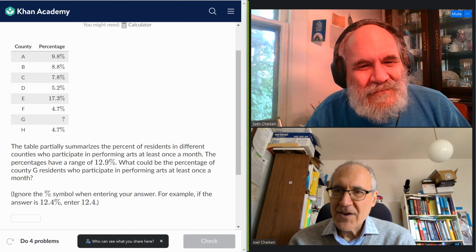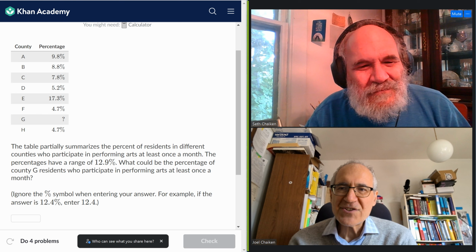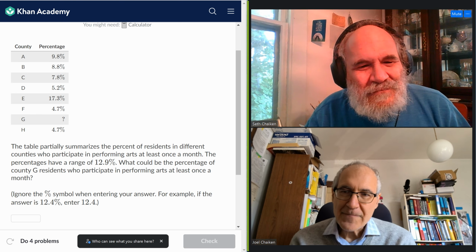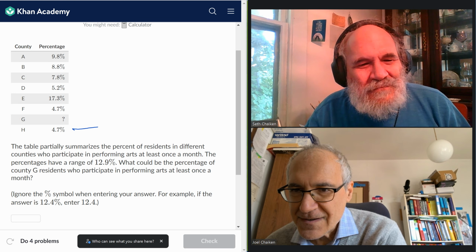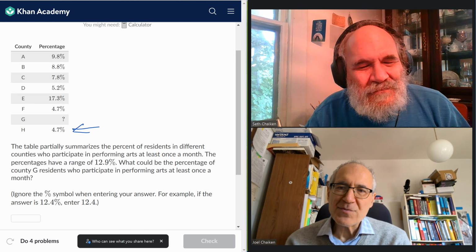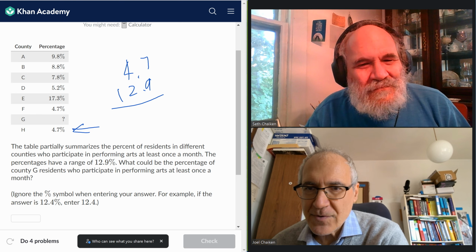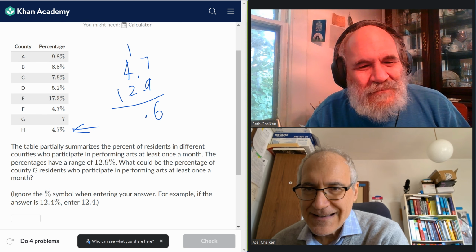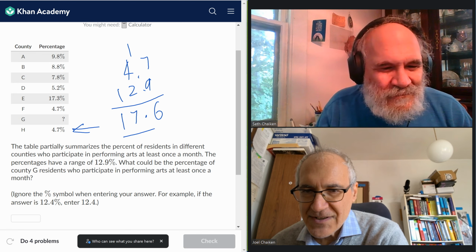Okay, fine. So the range has to be 12.9. First you have to know the definition of range given a bunch of numbers. The range is the difference between the highest and the lowest. So look at the lowest, and they want a range of 12.9. So 4.7 plus 12.9 would make 17.6.